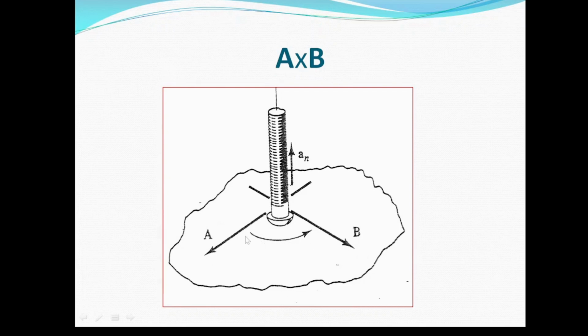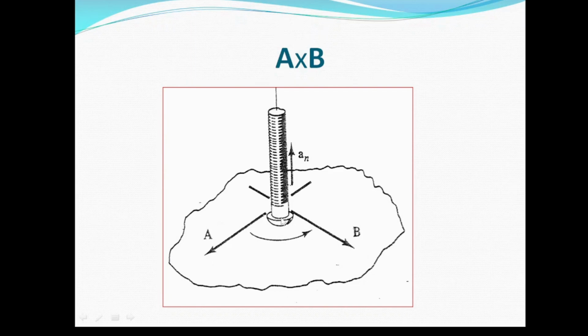If A is moving towards B, A cross B, the resultant is along the z-axis, perpendicular to the surface. To this plane of A and B, an is normal, so it is perpendicular to the surface of AB.